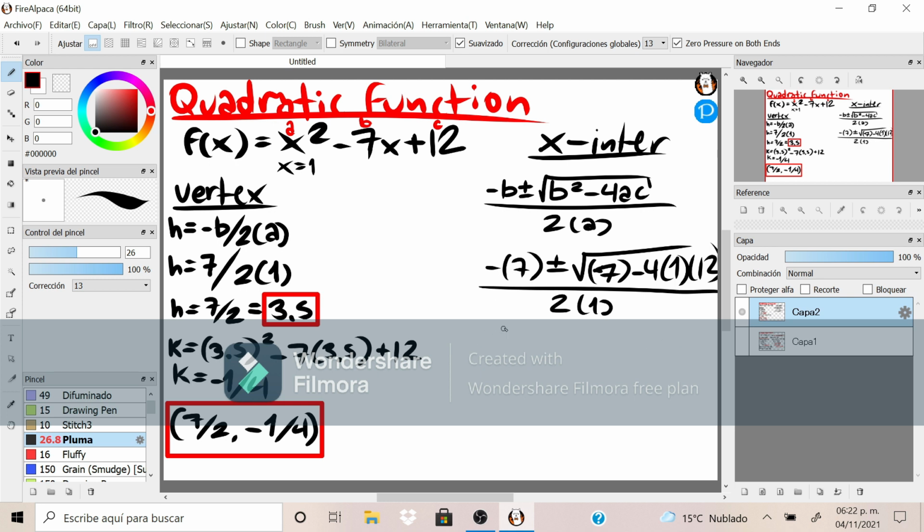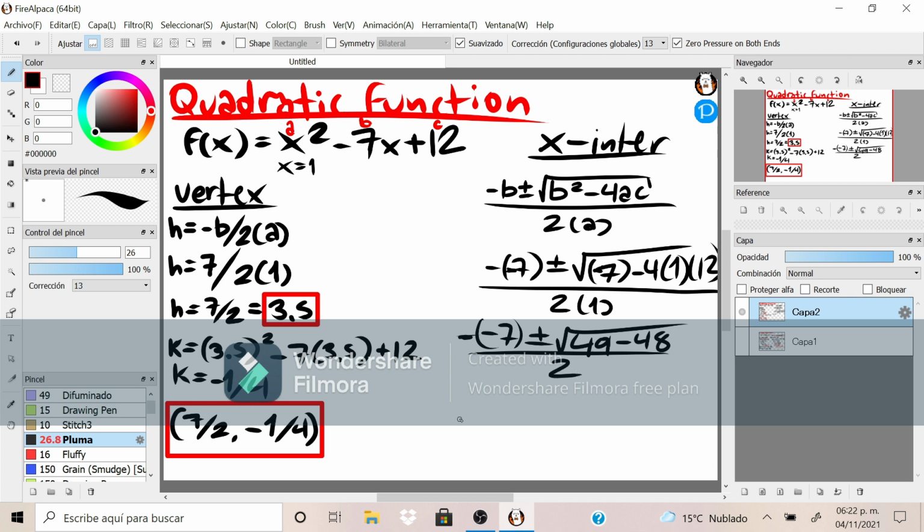We're going to do the whole equation. Basically, the result would be minus 7, plus minus the square root of 49 minus 48, divided by 2.